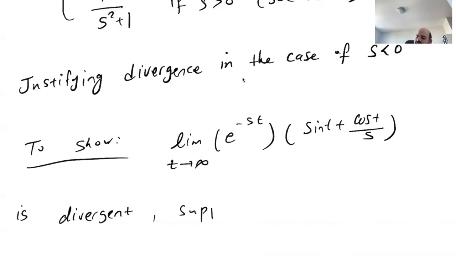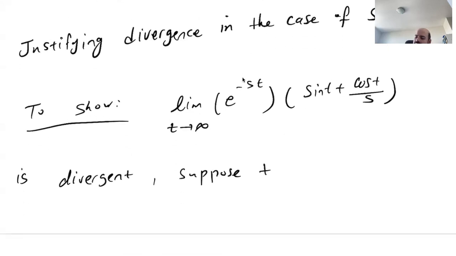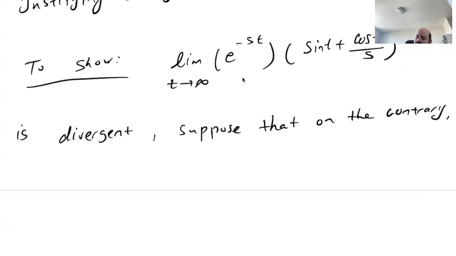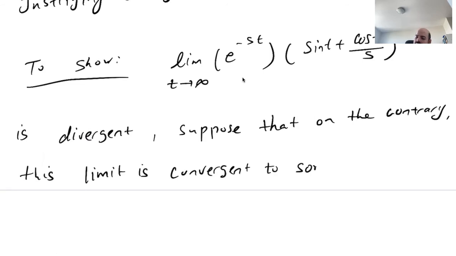Suppose, on the contrary, this limit is convergent to some value, let's say L.